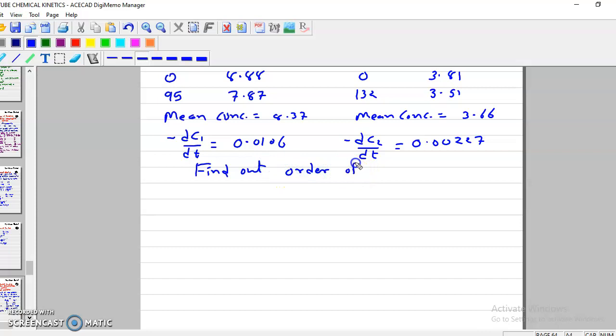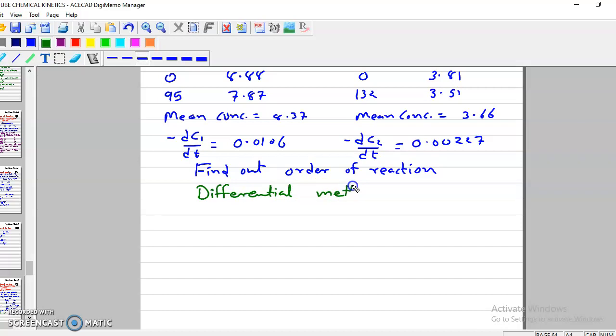From this information we come to know which method we should use to find the order of reaction. Here differentiations are given, so we use the differential rate law.